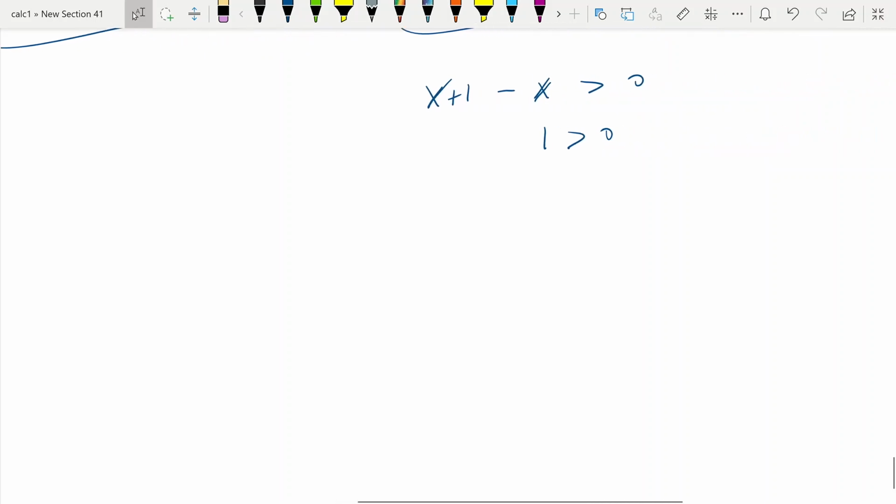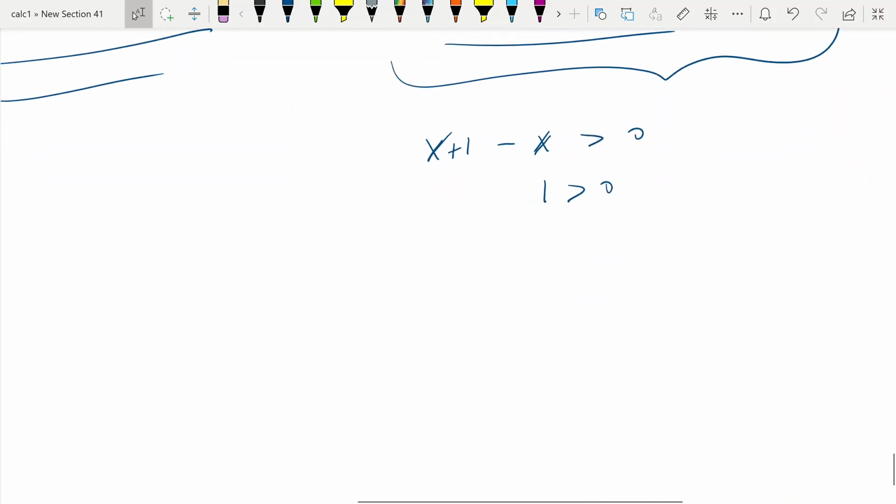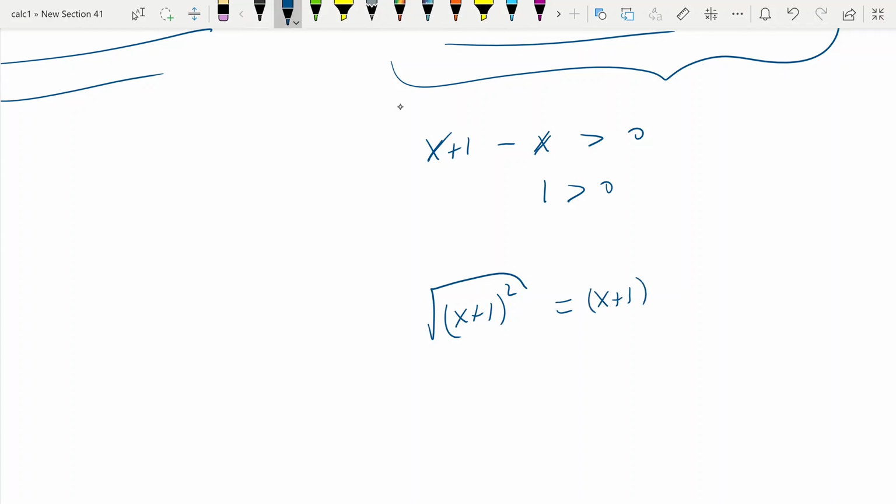Okay, so this is what I wanted to make sure you understand. If we have something like the square root of x plus 1, squared, you cannot just cancel out the square and the square root. If x plus 1 were a negative number, then x plus 1 squared would be a positive number, and then you would get the absolute value of x plus 1.